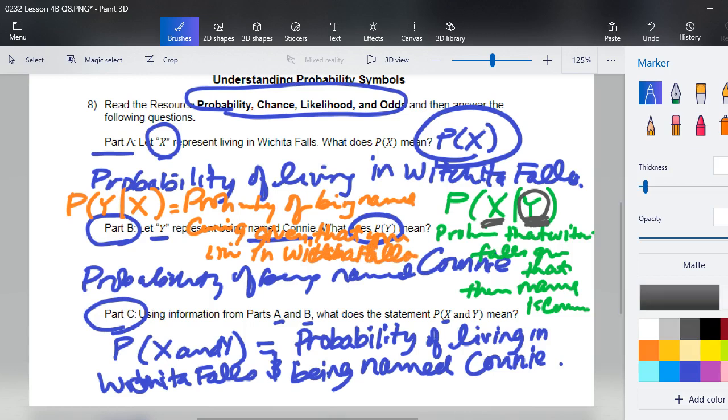Again, stressing, we'll be talking about the probability of an event given that this other event has already happened. What's the probability of being named Connie, of those who already live in Wichita Falls? Or over here, what's the probability of living in Wichita Falls given that your name is Connie?